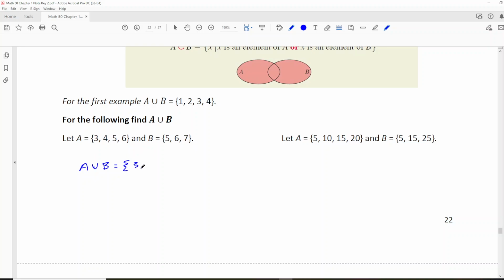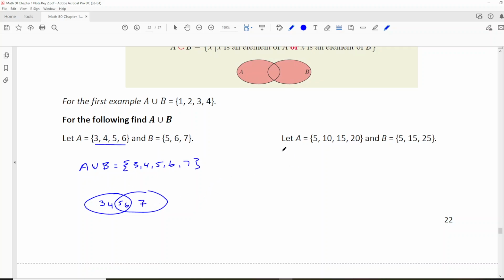So we'll go with 3, 4, 5, and 6. That's all the numbers in the first set. And then my second set has 5, 6, and then I'm going to add on a 7. If the Venn diagrams help you make sense of this, you've got 3, 4, 5, 6, 7. So it's anything written in the circles. You just want to get rid of duplicates.